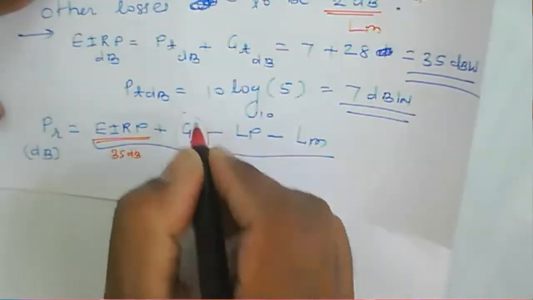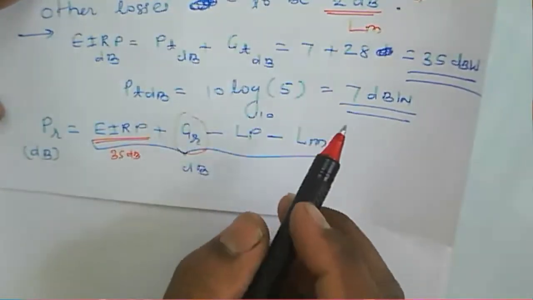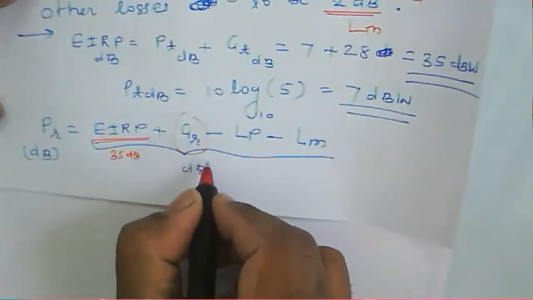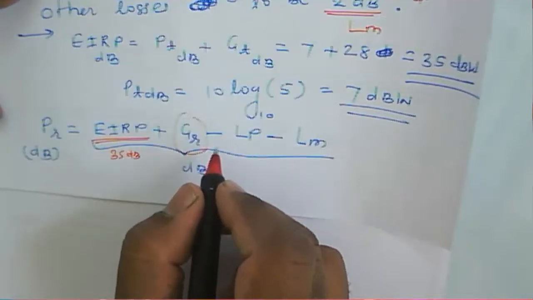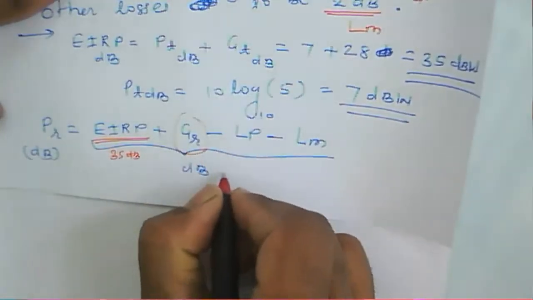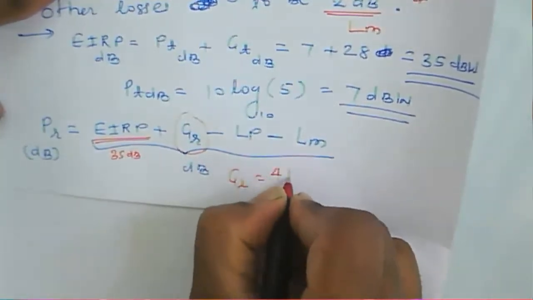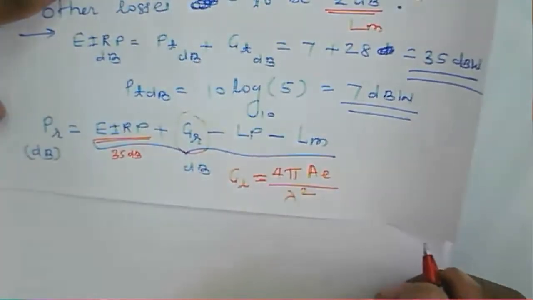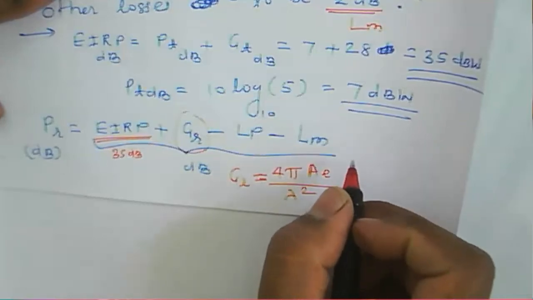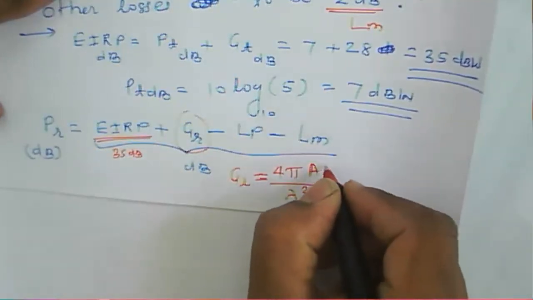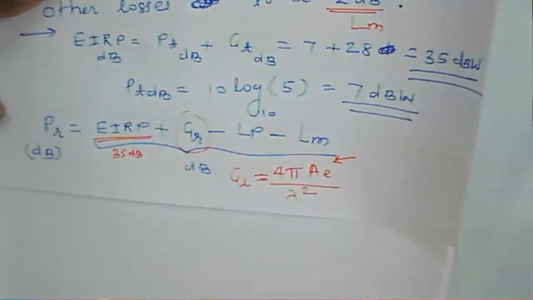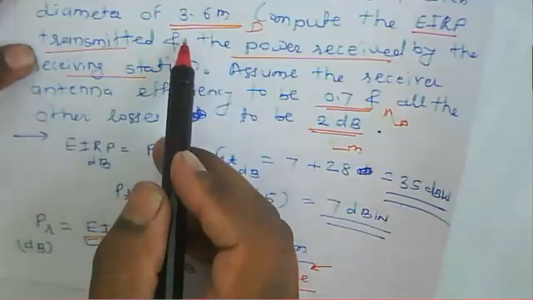But what will be the gain of the receiving antenna? Here a dish antenna is used, so we can calculate the gain of the receiving antenna. GR is equal to 4 pi eta AE divided by lambda square. AE is the effective aperture area, but here the diameter of the antenna is given, 3.6 meter.